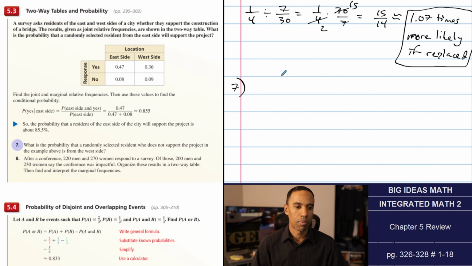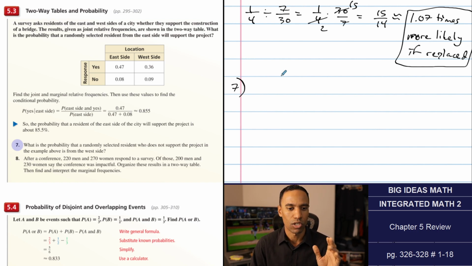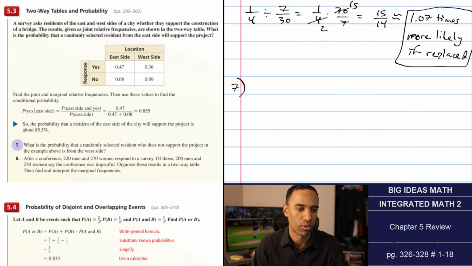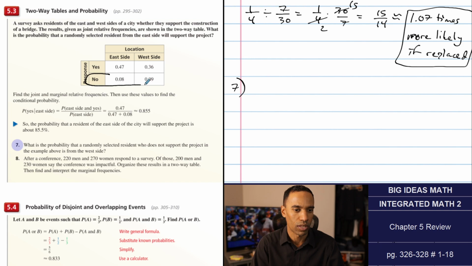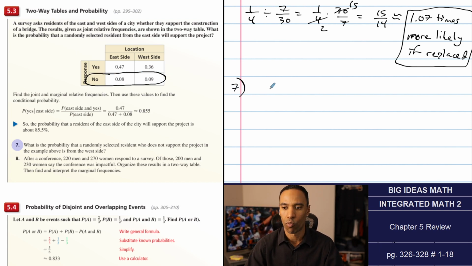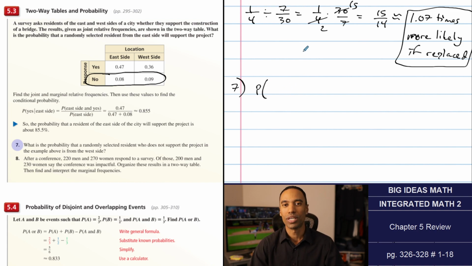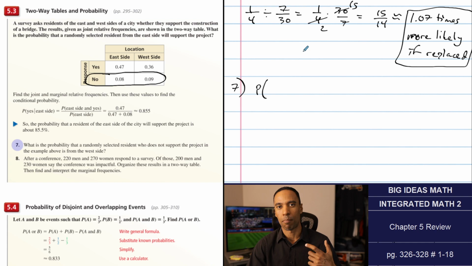Number 7, what's the probability? Okay, good. It's still a part of this. What's the probability a randomly selected resident who does not support the project in the example is from the west side? So now we're looking at people who do not support only. Now, 8% do not support from east, 9% do not support from west. So we're looking at a whole 17%. We're looking at only that 17% amount, and within there, which ones are from the west side.